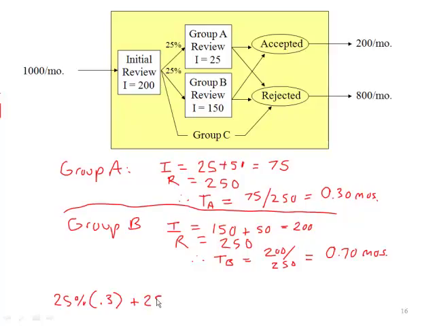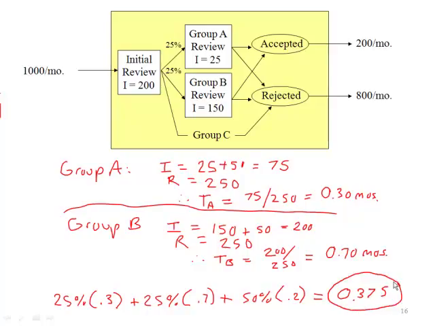Group B represents 25% of the flow through the system, and they take 0.7 months. And then you've got Group C, which represents 50% of the flow, and they take on average 0.2 months. If you take that weighted average and you go through the calculation, you'll find out that you get a weighted average of 0.375 months.